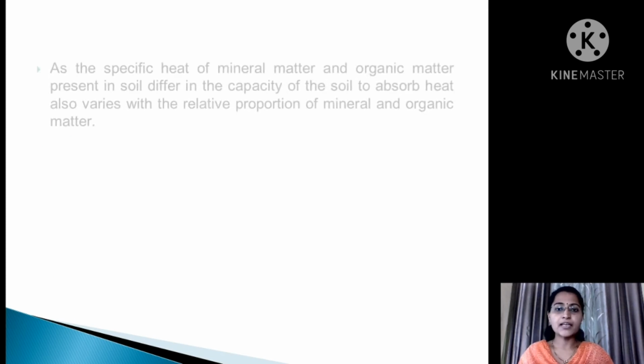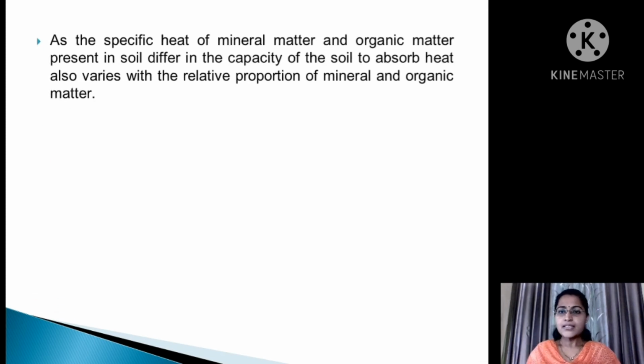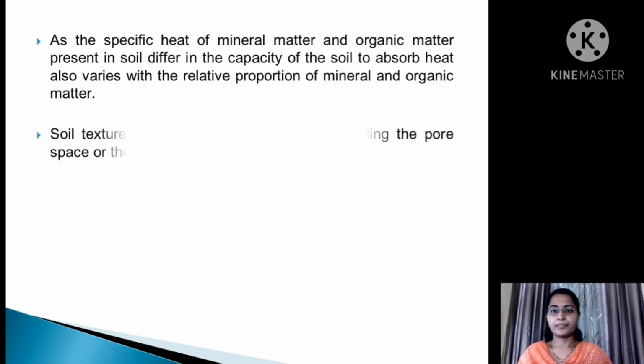Now see the second factor. As the specific heat of mineral matter and organic matter present in soil differ, the capacity of the soil to absorb heat also varies with the relative proportion of mineral and organic matter.